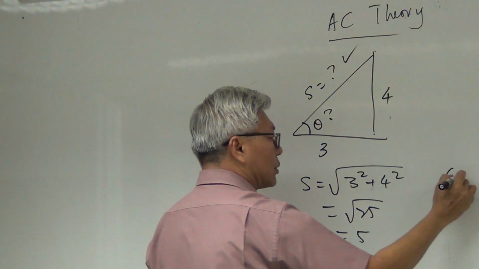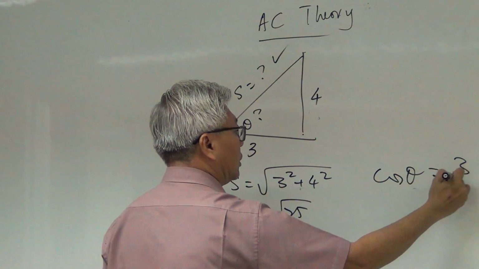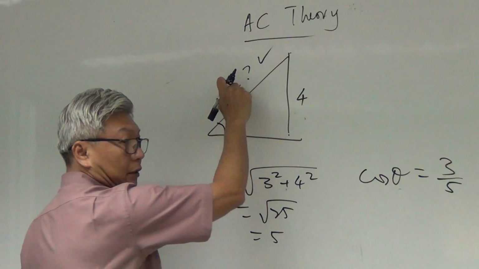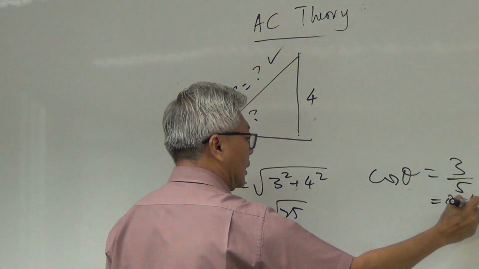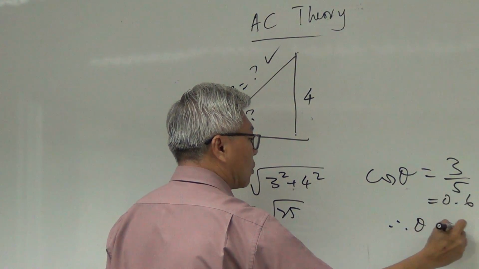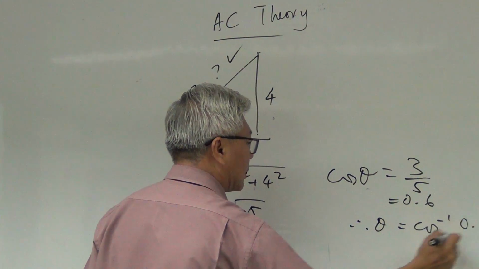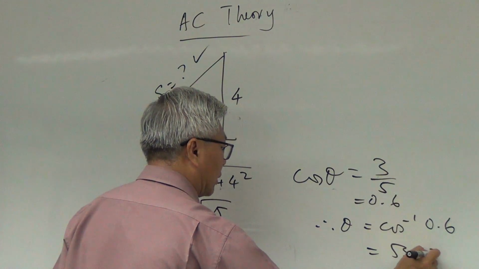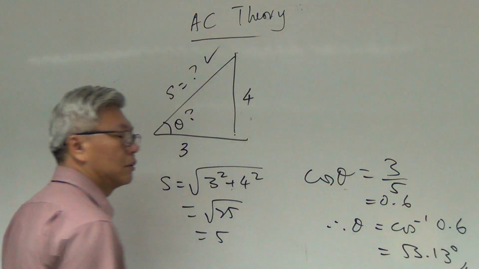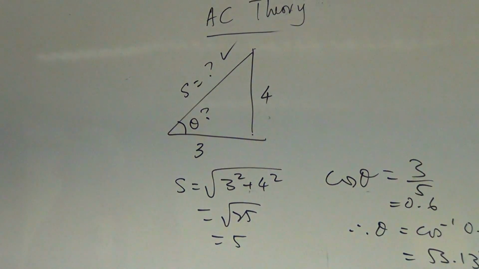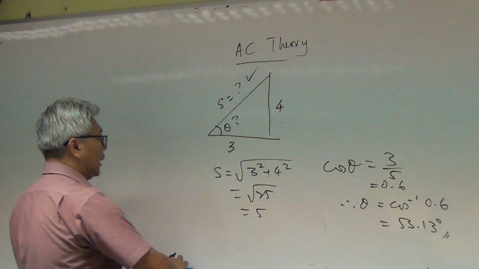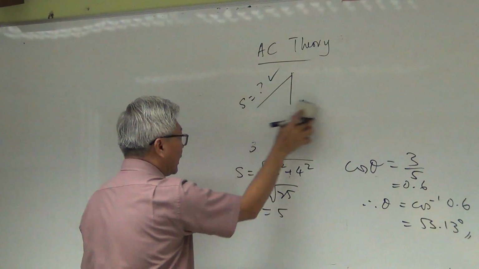Then you say, okay, cosine theta is equal to 3 over 5, so that's equal to 0.6. Therefore, theta is cosine inverse 0.6, which is equal to 53.13. Got it? Okay. How about another example?